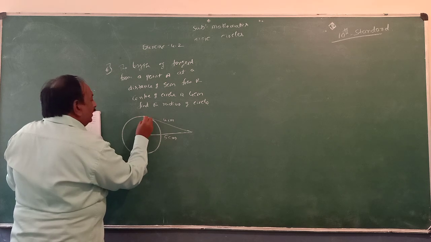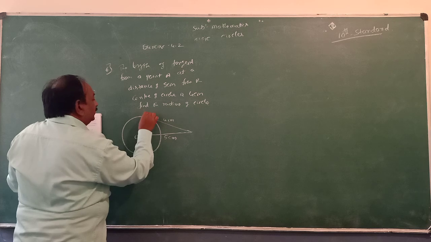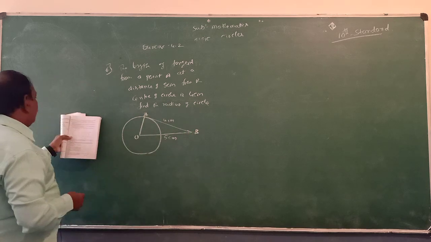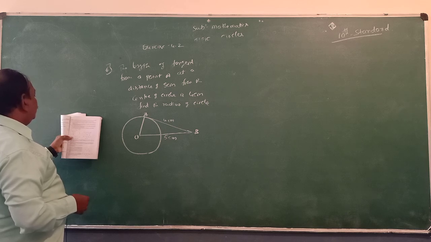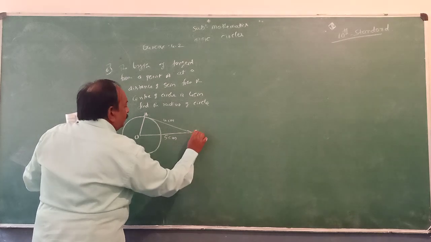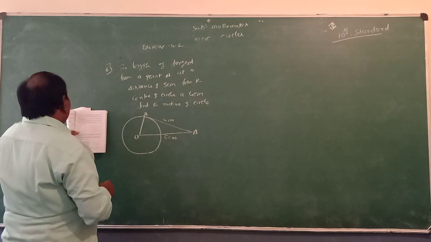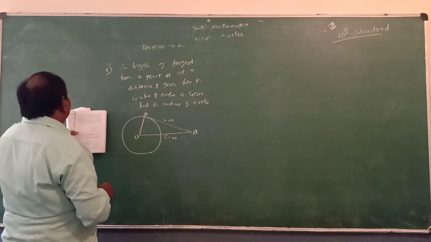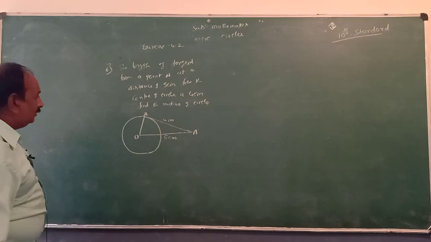Find the radius of the circle. O is the center of the circle.